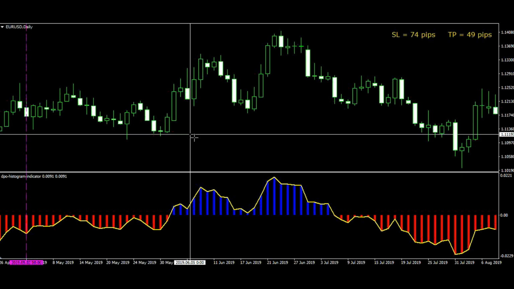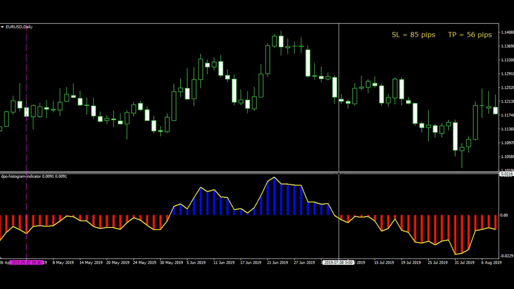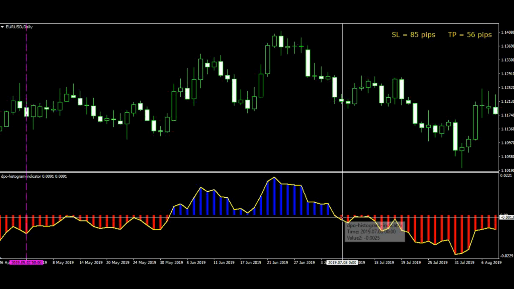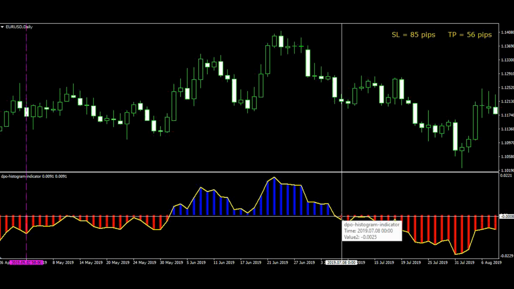Okay, so I'm going to keep going. Now at this point, we have a sell, and it's a small one. If we check out our number here, we can see that it is 0.0025.